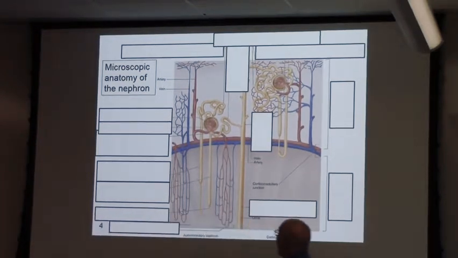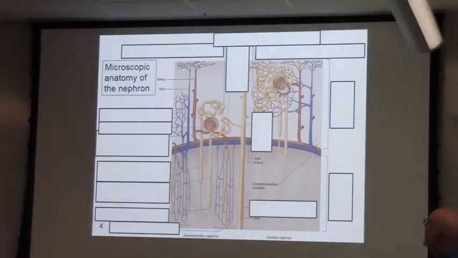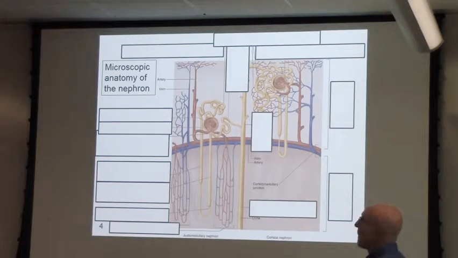So let's do this one. Cortex. Okay? That one, Bowman's capsule. The collecting tubule. Good.